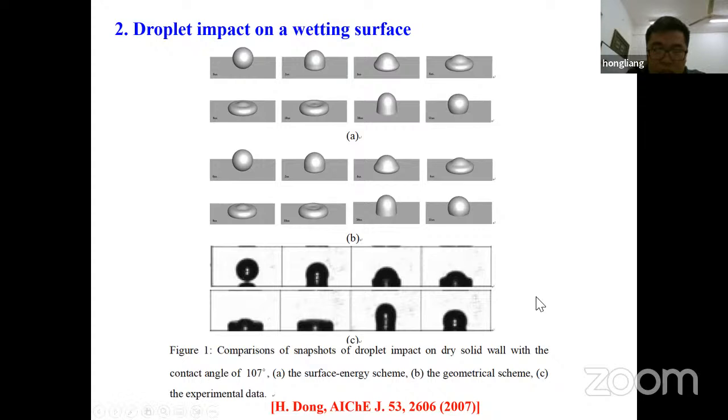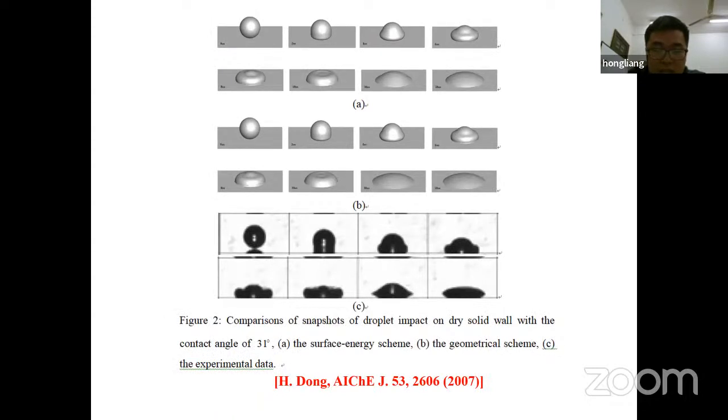We can see that the results of the two wetting boundary conditions agree well with each other, and also agree well with the experimental data. Next. For the second case, we can see the same conclusions.